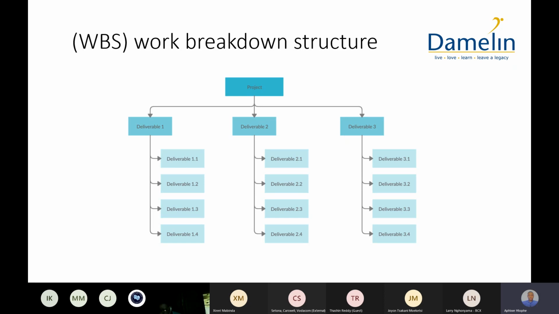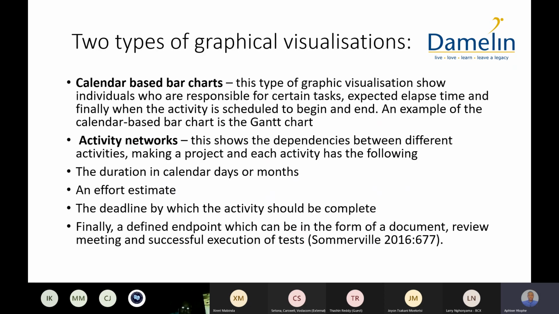You can see that it defines the main deliverables, okay, and the sub-activities that we must do to achieve that deliverable. So you take your project, you can see it says nothing about time. It just says how the work will be divided into mini projects, okay? And then we can use our more sophisticated scheduling tools, and those that use a calendar and they use bars, okay?